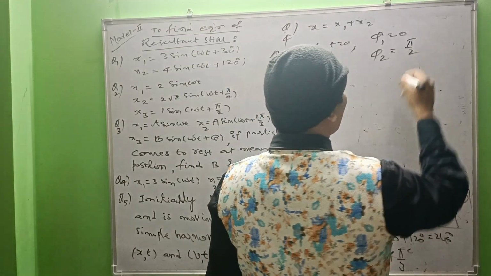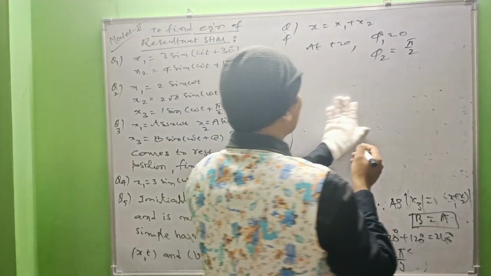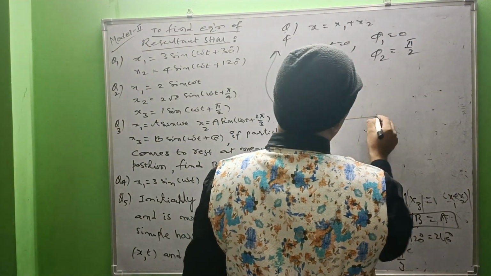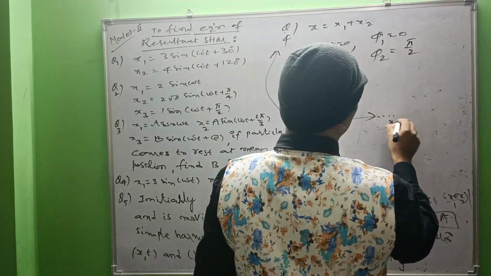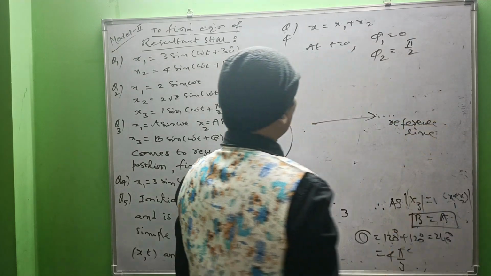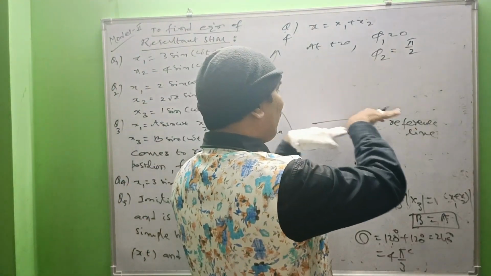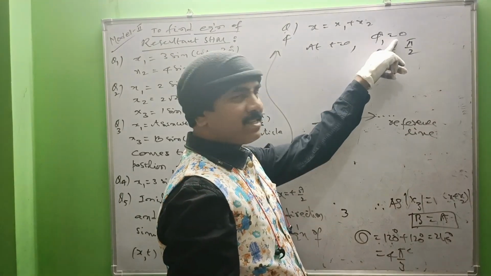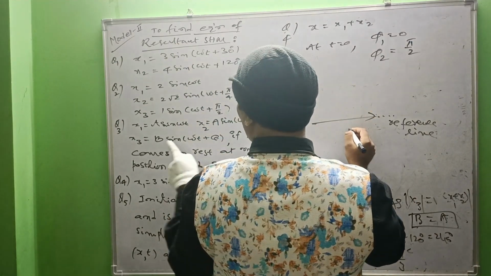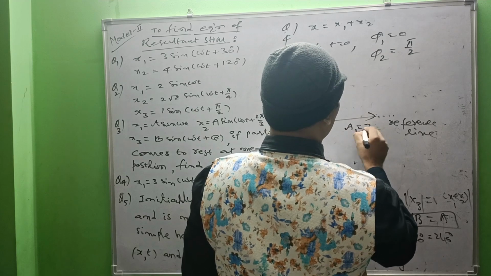Now take one reference line, like this, as usual. When t equal 0, phi 1 equal 0 means A1 lies along the reference line only. No phase angle. So A1 equal to 3.